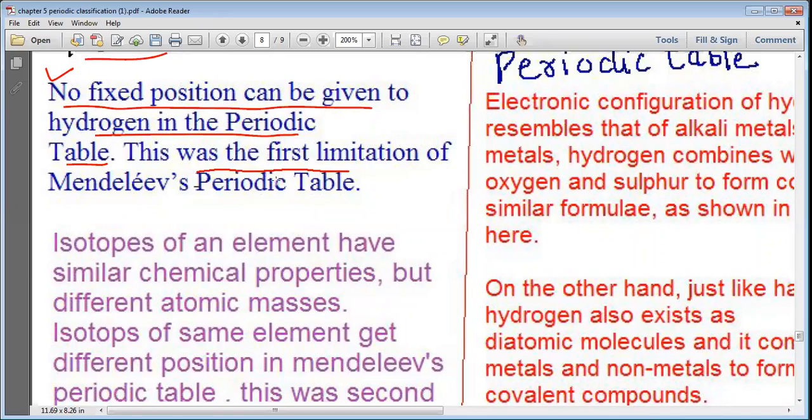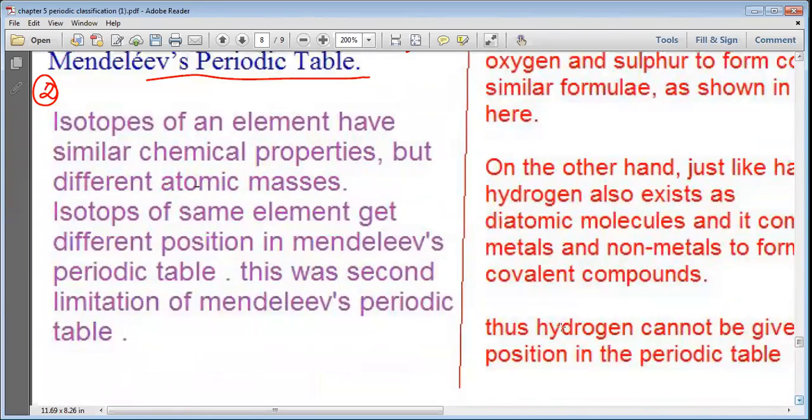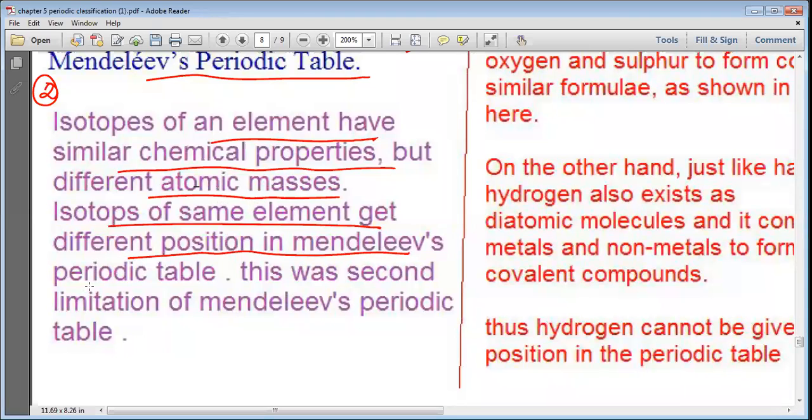This was the first limitation. The second limitation is that isotopes of an element have similar chemical properties but different atomic masses. Isotopes of the same element get a different position in Mendeleev's periodic table. This was the second limitation.